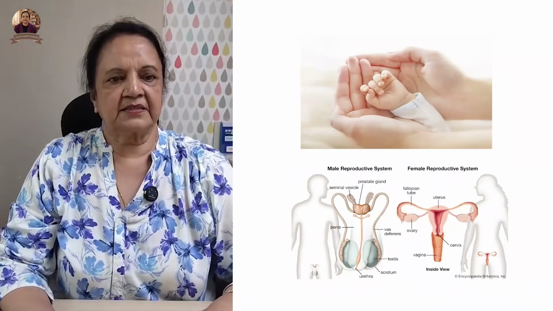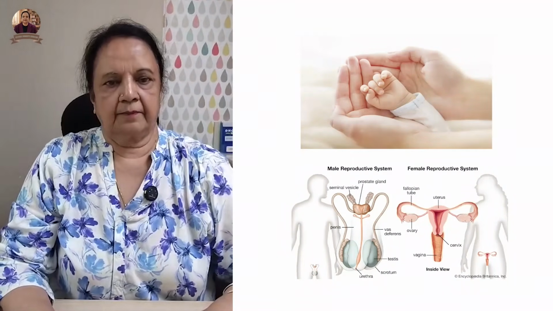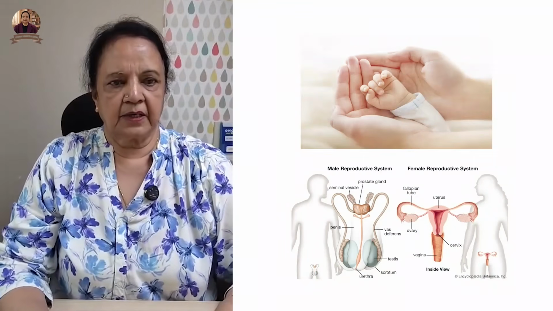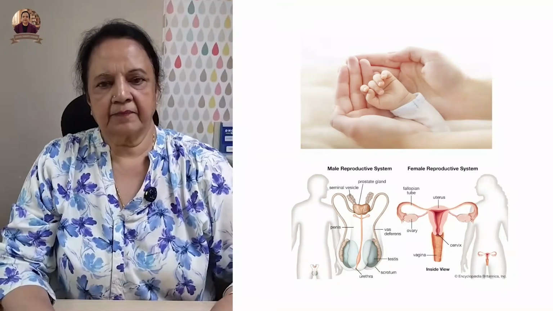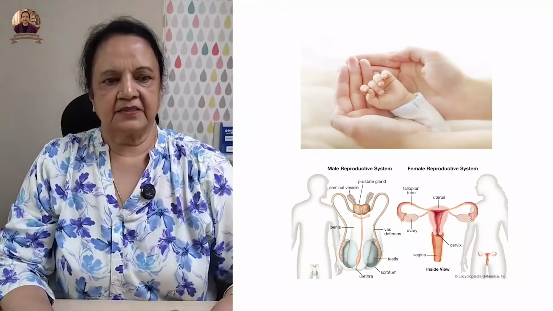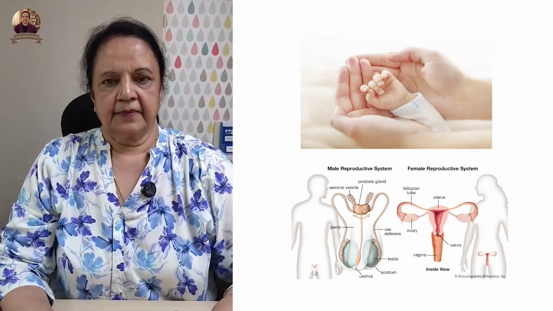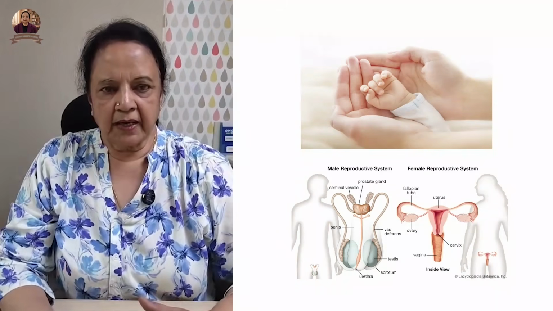Which method prevents STDs and why? Barrier methods, particularly condoms, are the only ones that protect against sexually transmitted diseases, STDs. Now the question arises, why?